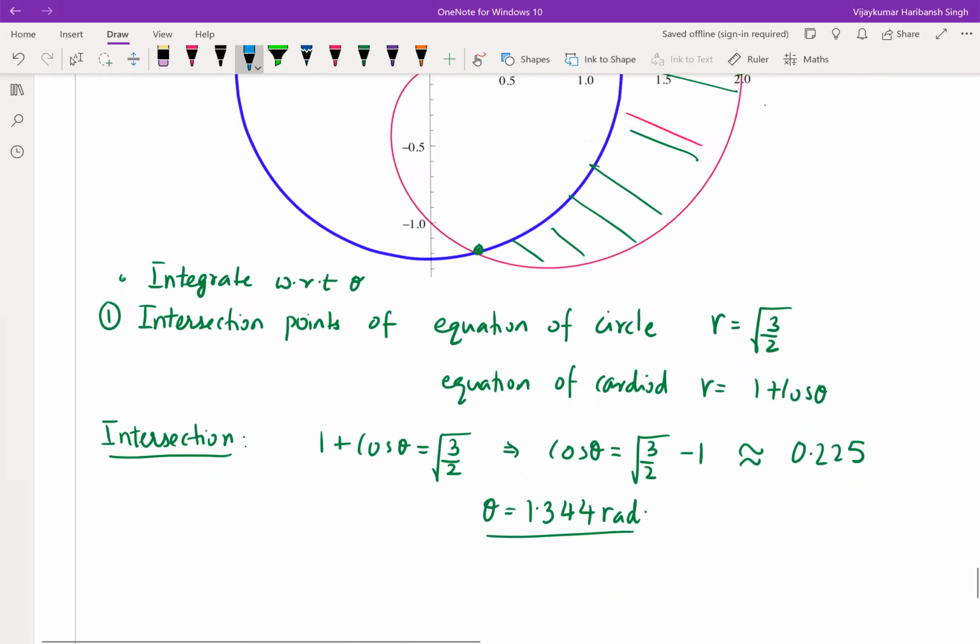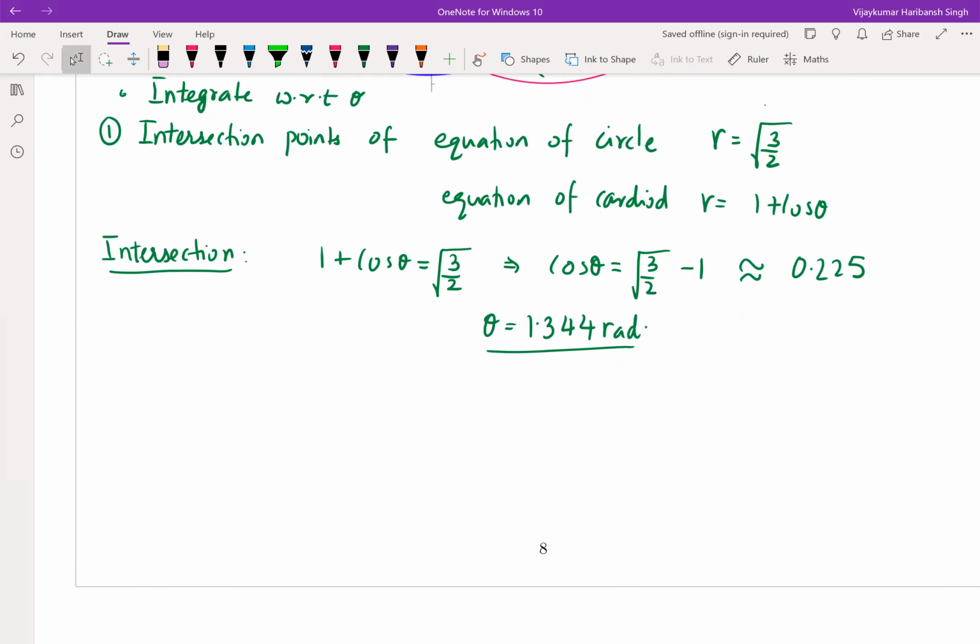So how will the area look? We have area A equals 2 times the shaded region above the x-axis.